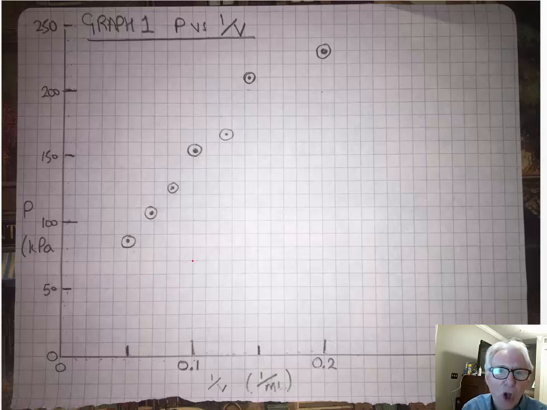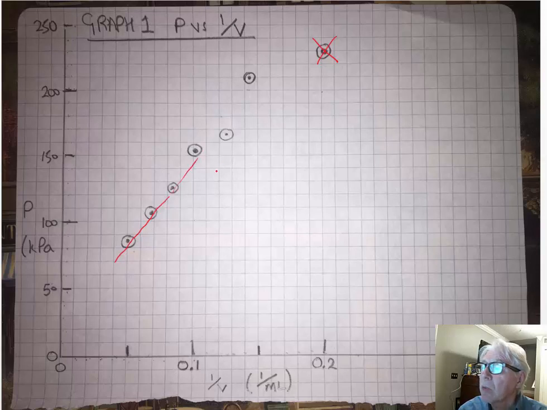And then my next job, I'm going to show you where I'm going to go with this. I look at this and I see scatter. I'm not going to worry about that point there. I'm going to put my ruler and approach from the underside, and try to line up on these points.